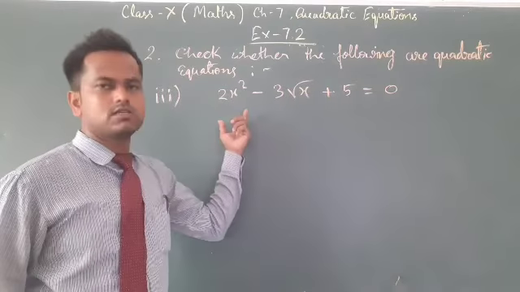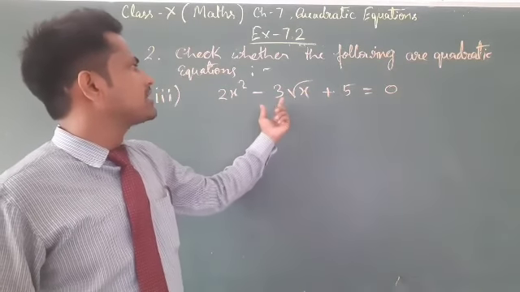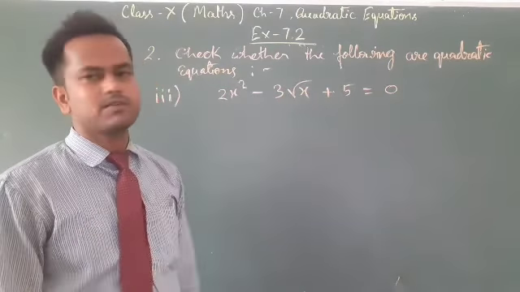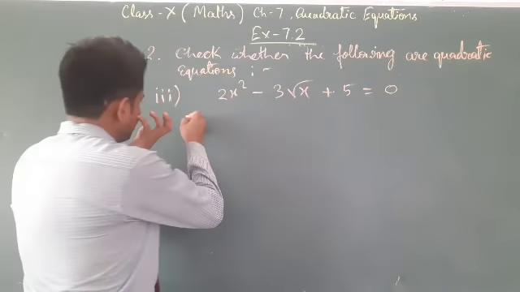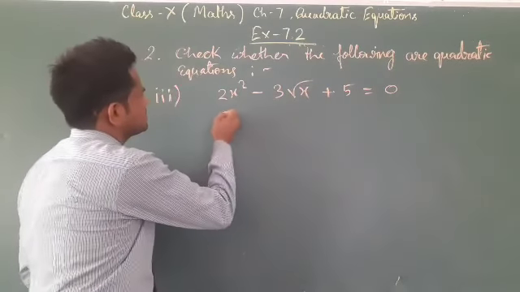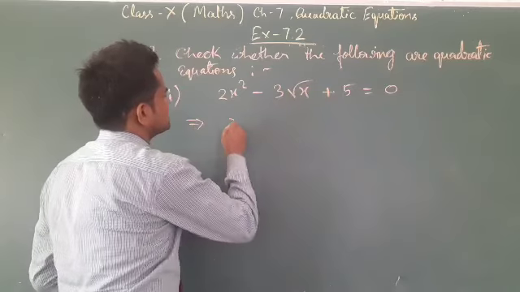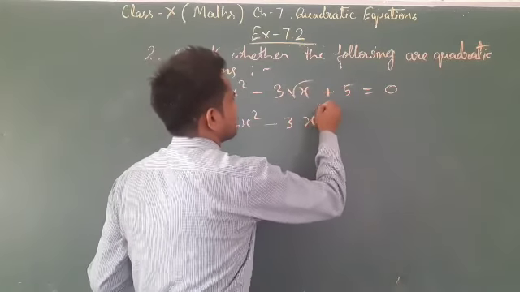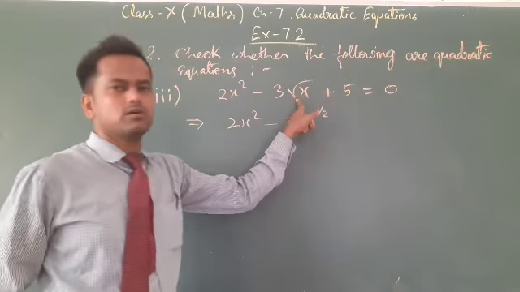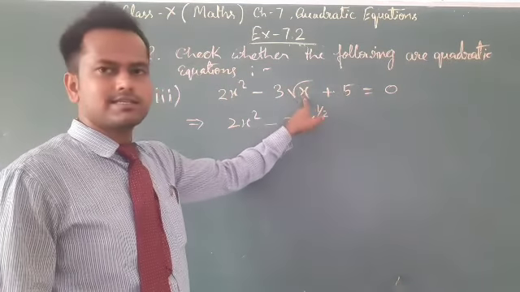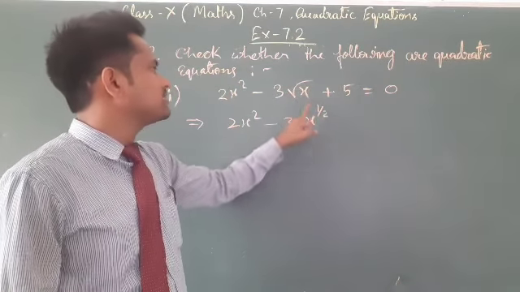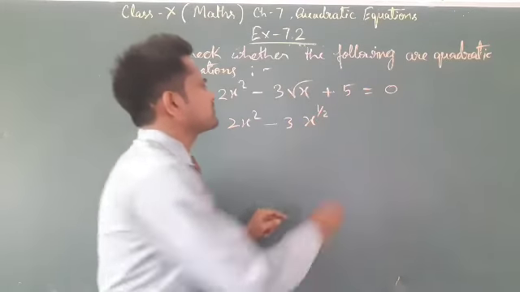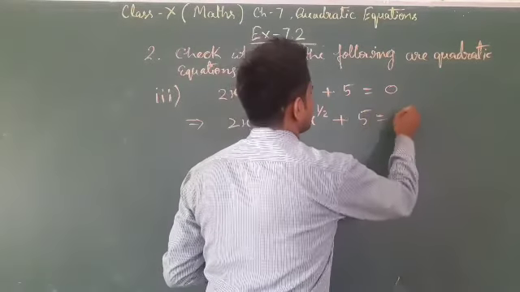Now this question is 2x square minus 3 root x plus 5 is equal to 0. If we solve this, then we will get 2x square minus 3x to the power 1 by 2. If we remove the root from x, then this can be written as x to the power 1 by 2, plus 5 is equal to 0.